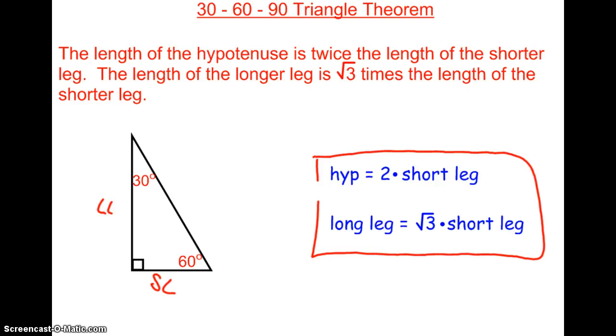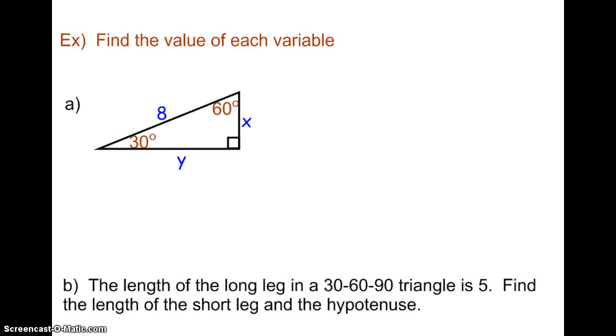And then if I multiply that by 2, the hypotenuse is 2 times the short leg. Your longer leg again would be the square root of 3 times the short leg. We will give you those formulas. You don't need to worry about trying to memorize them at this point.